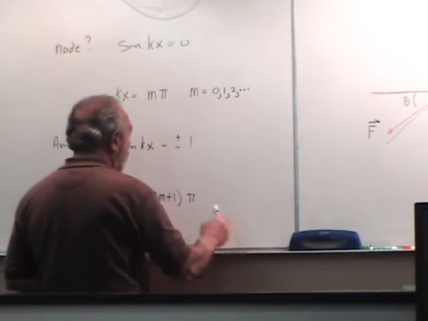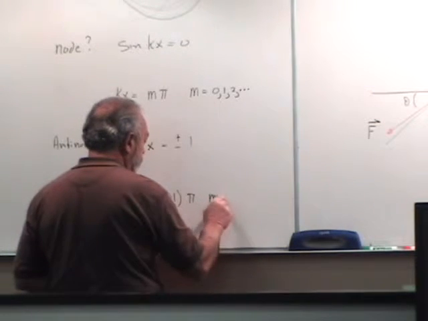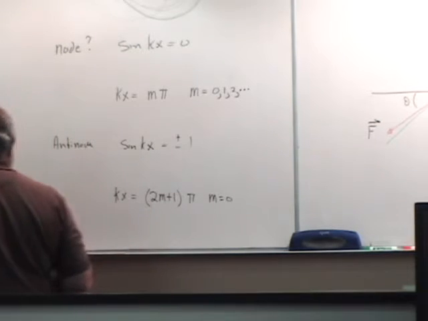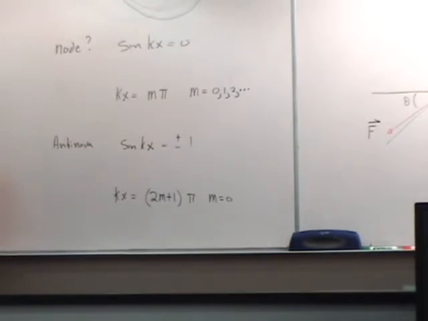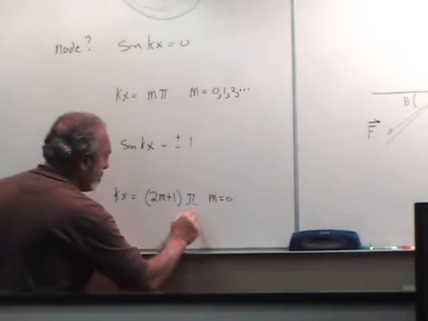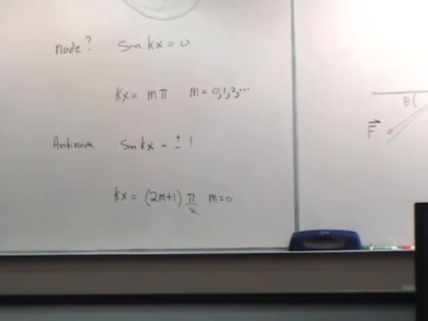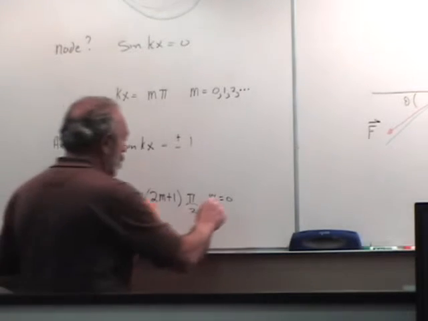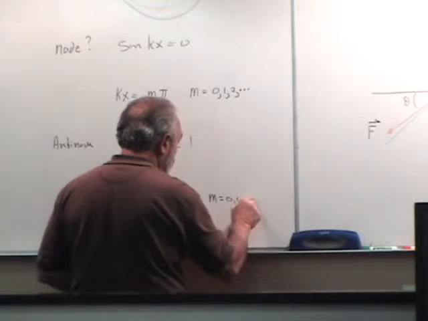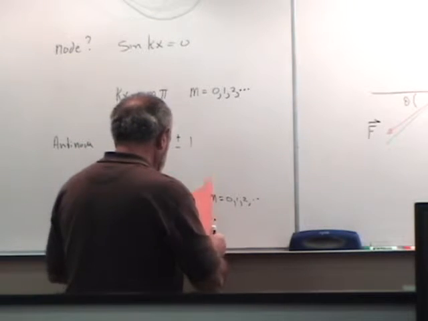And once again, m can equal 0, because when m equals 0, you get half pi. You get 1 on top and you get half pi. So m is allowed to be 0, 1, 2, and so on, like that.